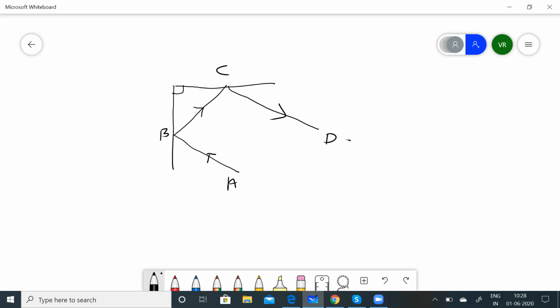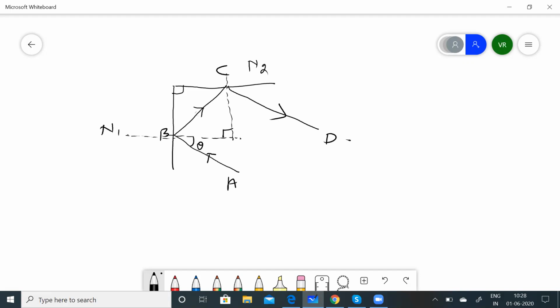Let me draw the normals of the two mirrors. Let me mark this as N1 and this as N2. You can see that they are going to be perpendicular to each other. Let us say this angle is theta.